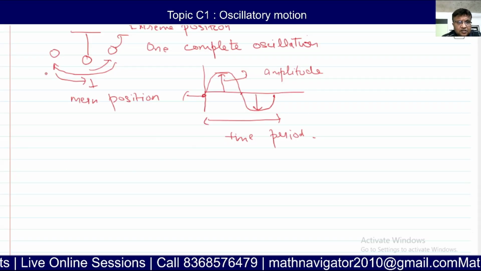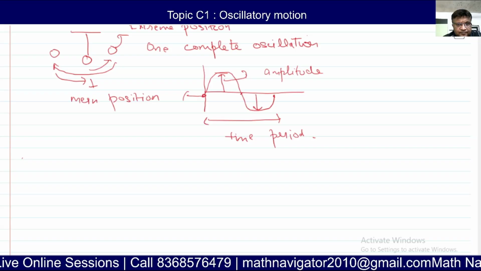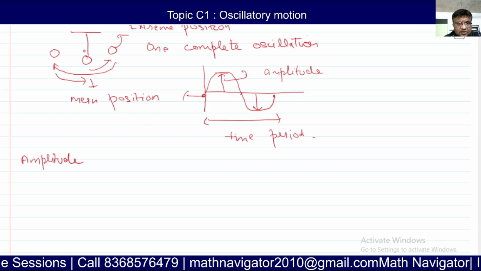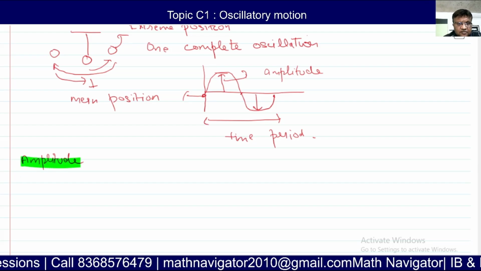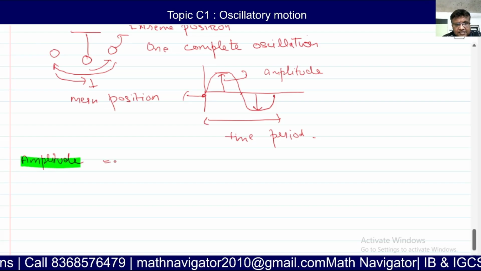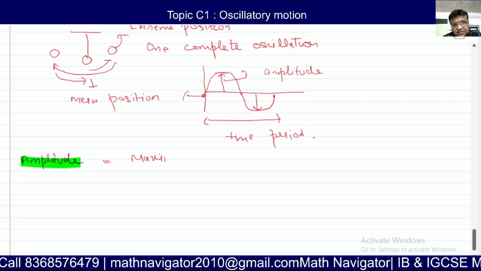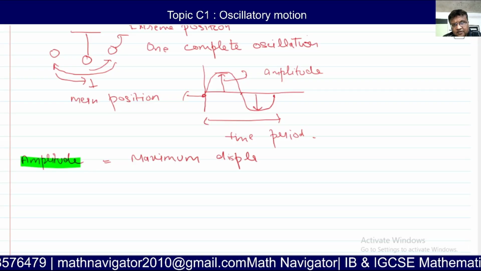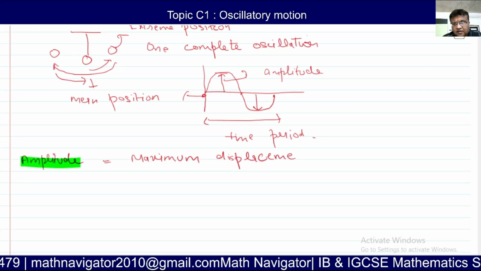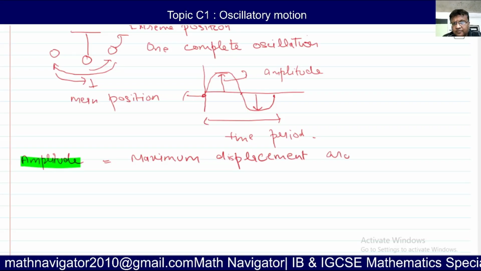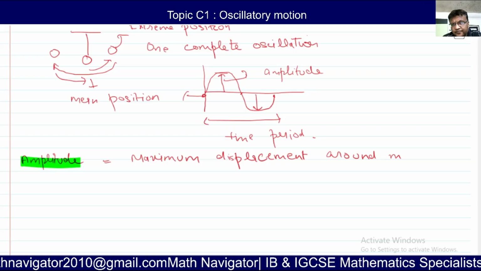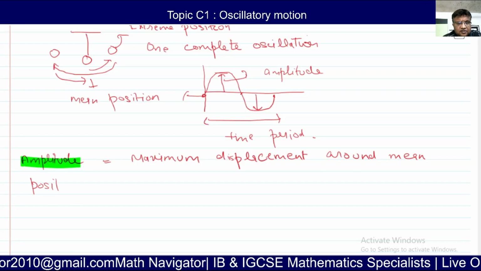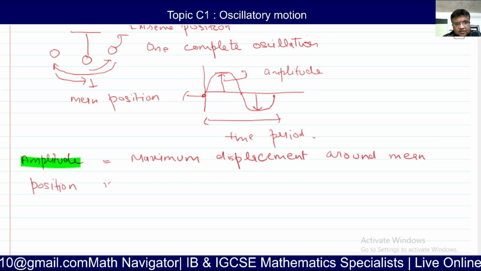So how can we define amplitude? Amplitude is the maximum displacement around the mean position.